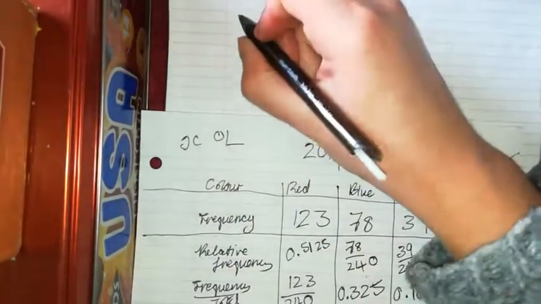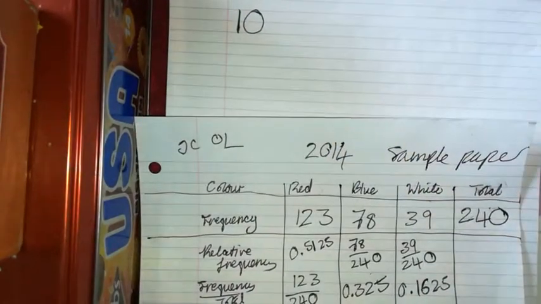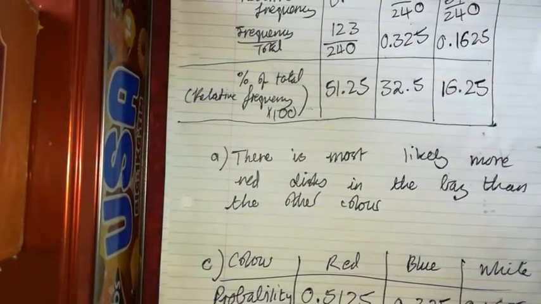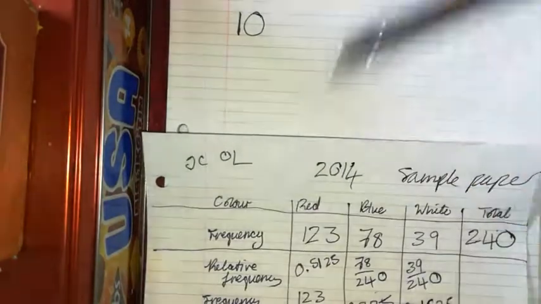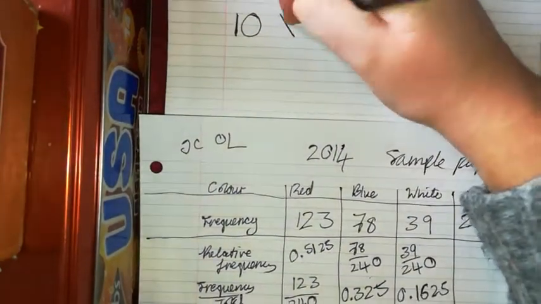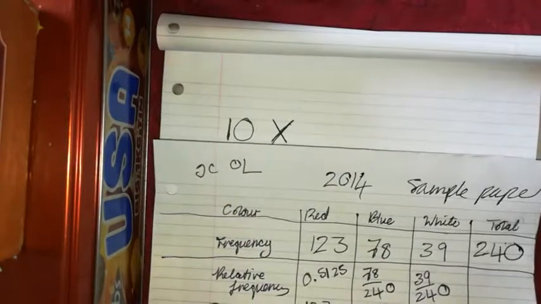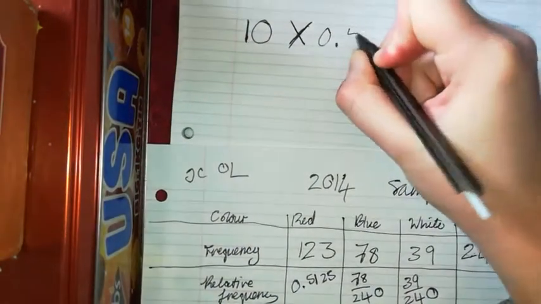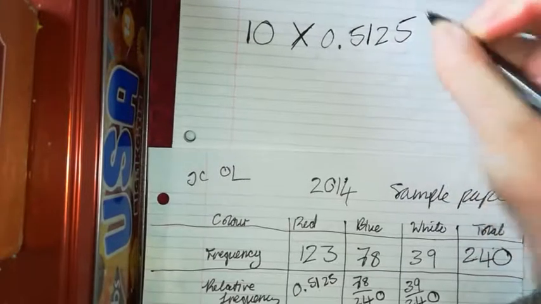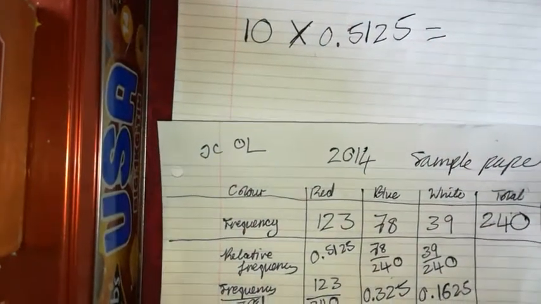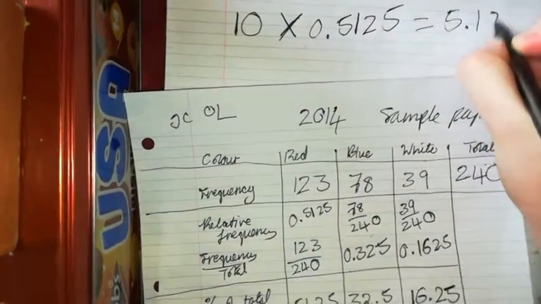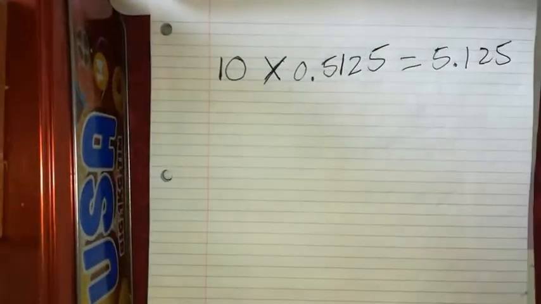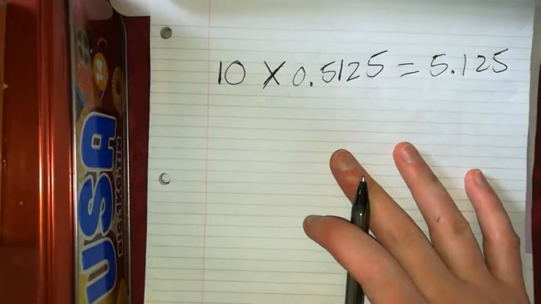If we had 10 discs in the bag, and we multiply the amount in the bag by the relative frequency, we should get how many come out that are red. So 10 times 0.5125 gives the expected number of reds. I get 5.125, but I can't get 5.125 discs. So I would say that maybe there aren't 10 discs in the bag, because it doesn't work out.